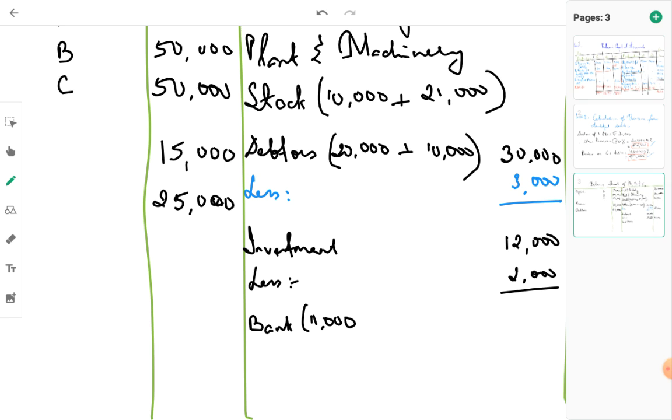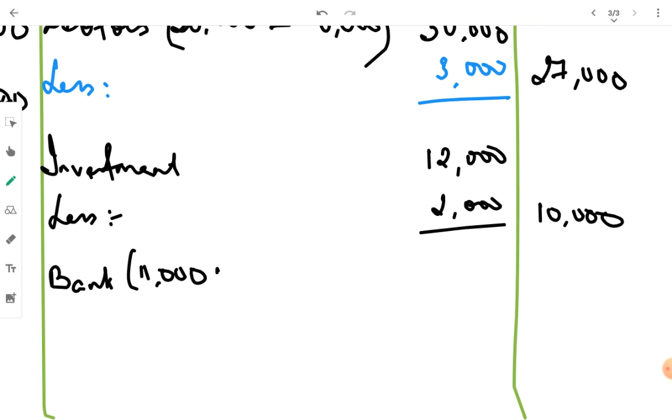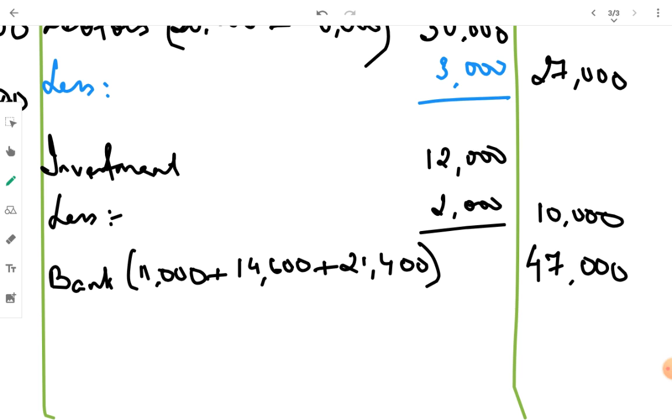So rupees 11,000 original balance plus amount brought in by partner A, 14,600, plus amount brought in by partner B, 21,400, in order to get a total closing balance of rupees 47,000. So total of bank account rupees 47,000.